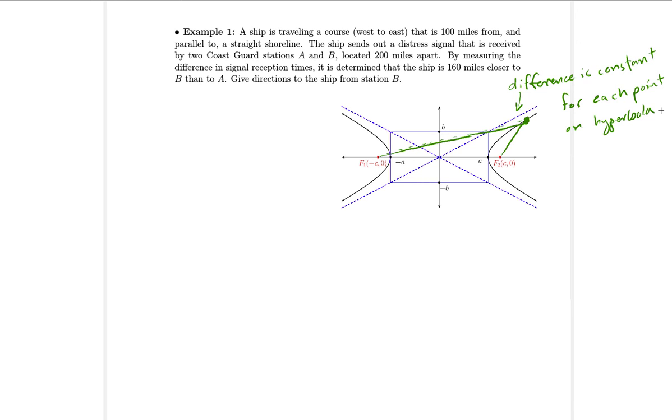Well, what they told us is that we are 160 miles closer to B than to A. So if I label this focus here B, the station B, and this one station A, what we're saying is that the difference in the distance from the ship to here and the distance from here is equal to 160.